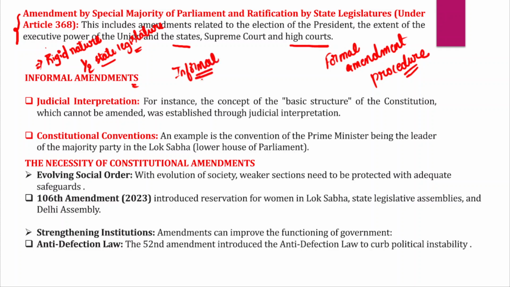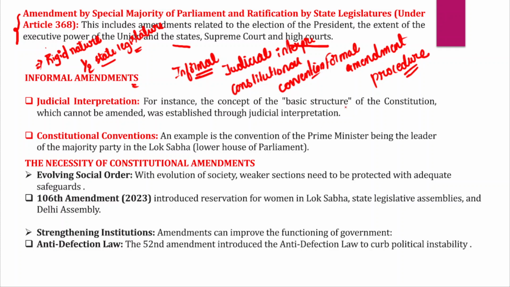They could be made through judicial interpretations. Judicial interpretation is one way through which constitutional amendment can be made. Secondly, constitutional conventions. Constitutional conventions is also another way through which amendment to the constitution has been made.